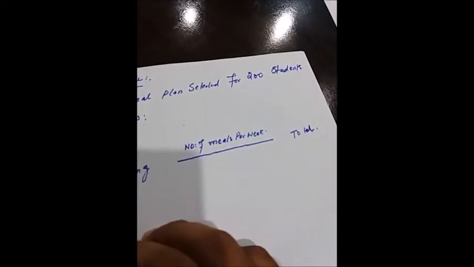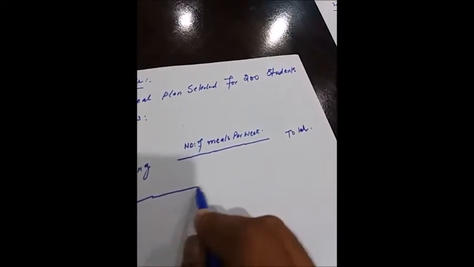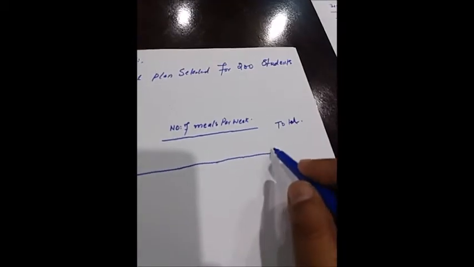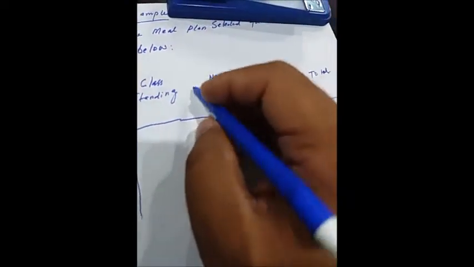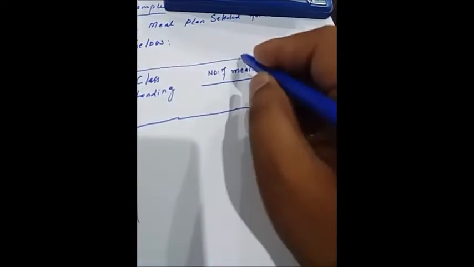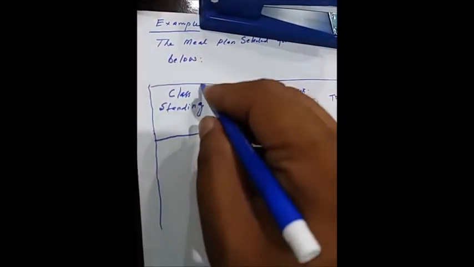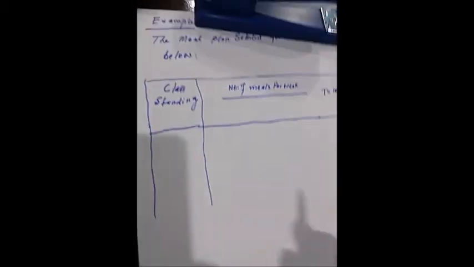Now the class standing and number of meals per week, we have two categorical variables.